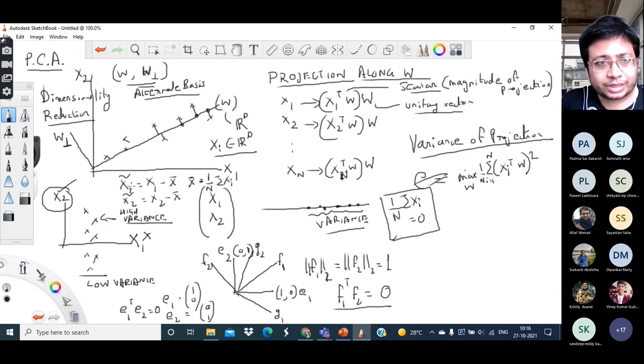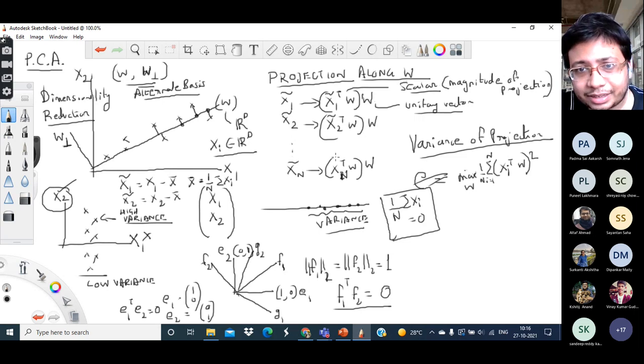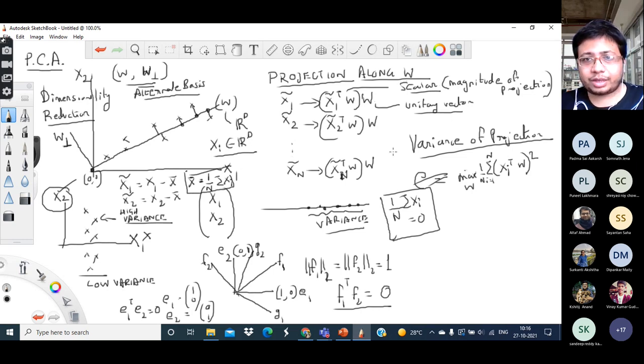Once you do this, you will no longer work with the vectors x1, x2, etc., but instead you will deal with x1 tilde, x2 tilde, etc. It is nothing but a simple translation or a shift of origin. Instead of keeping the origin of the data at 0, 0, you are shifting the origin to x bar, where x bar is defined in this particular way.